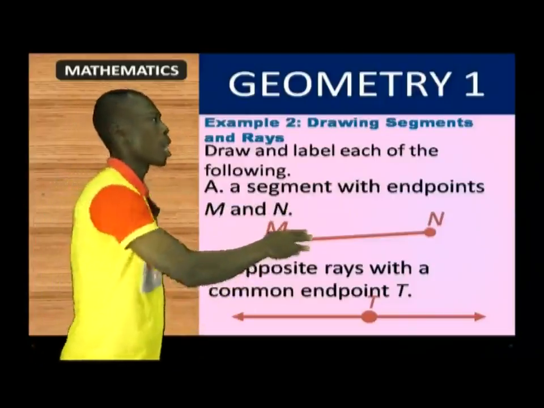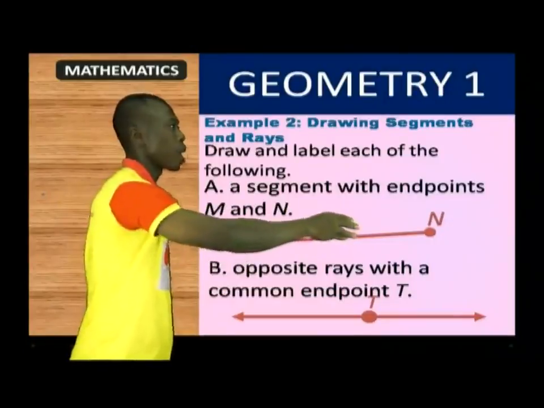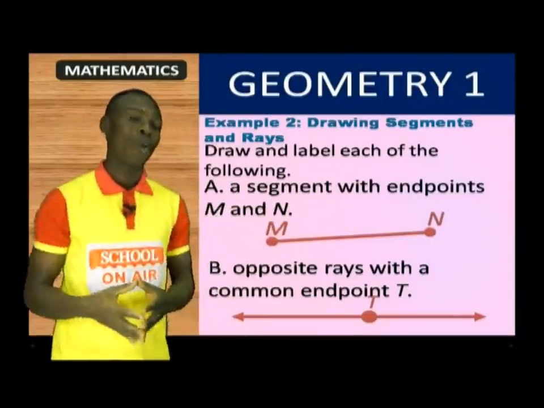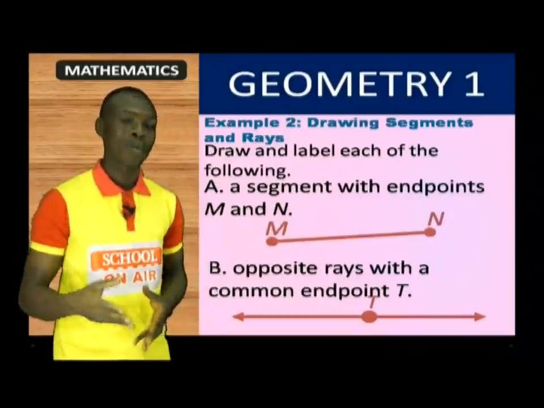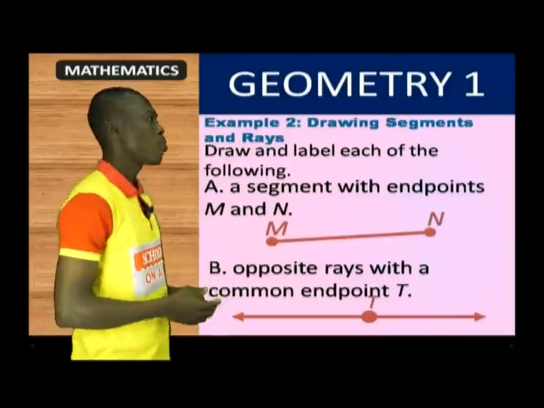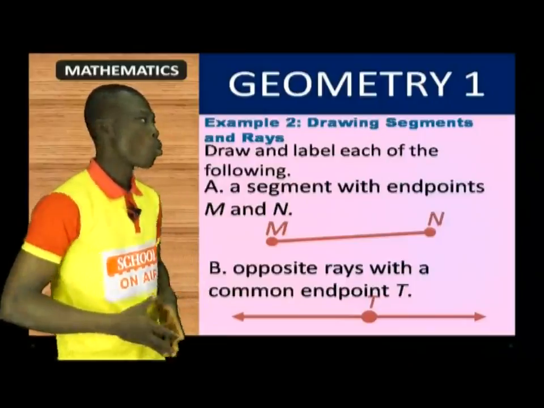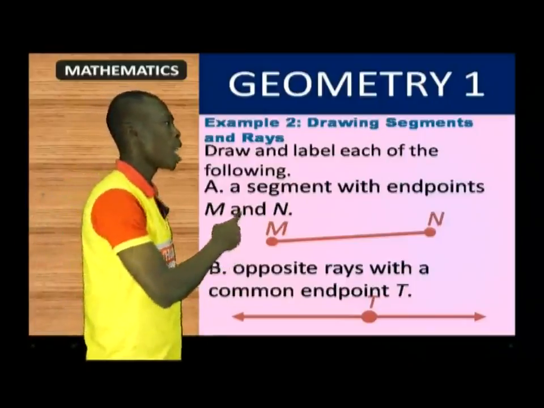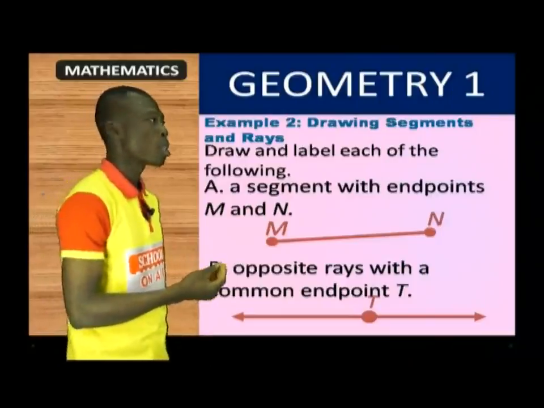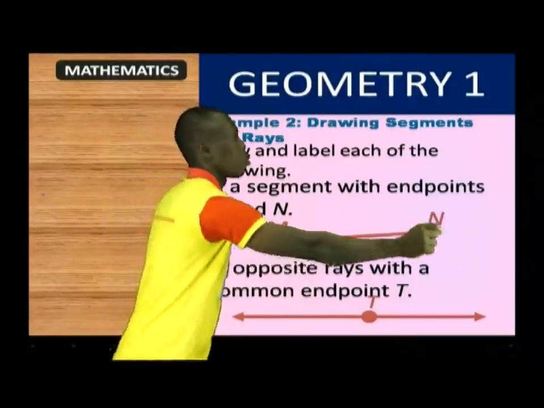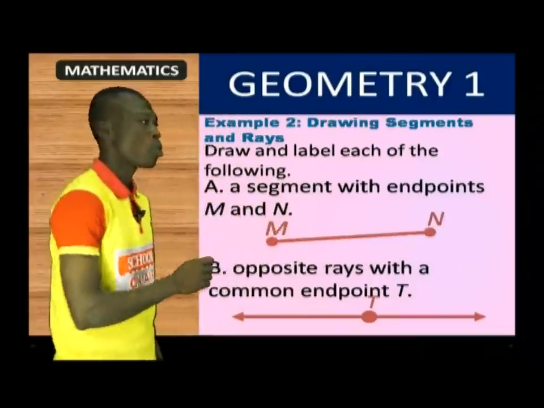Now, when you are given a question like that, for beginners at least, it always comes in words like that. A segment with endpoints M and N is what is required of us. So we put 2 points, point M and point N, with your pencil.